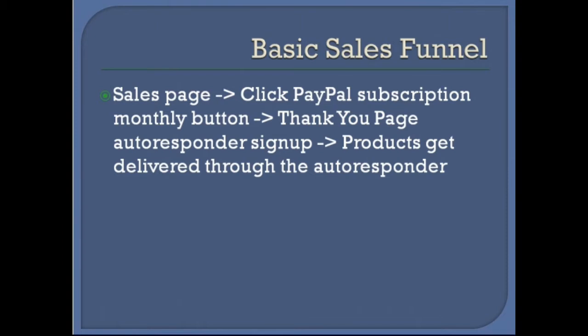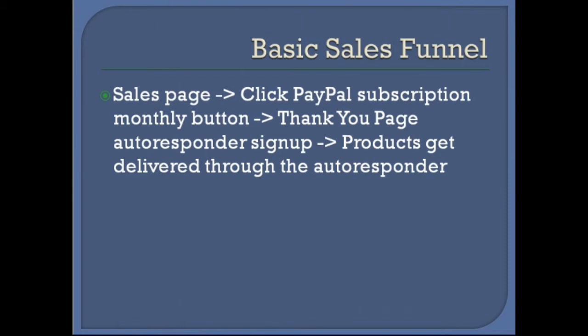Then after that, they pay. They're sent to the thank you page, which includes the autoresponder sign up. And then through the autoresponder, they are delivered products through the autoresponder. So that's what the basic fixed term membership site looks like.